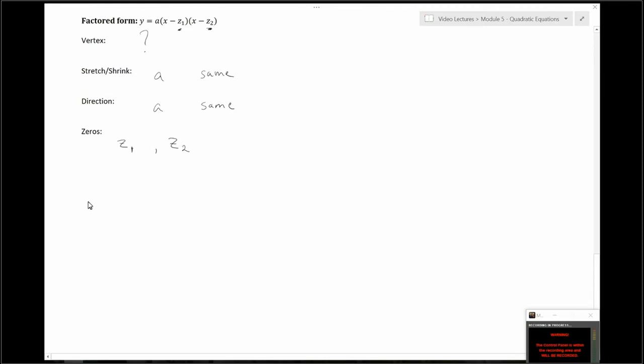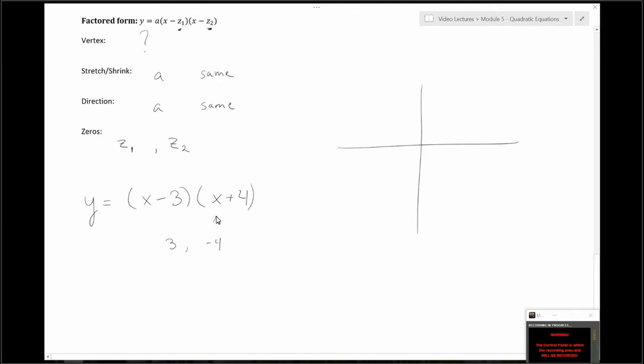So for example, if I have y equals x minus 3 times x plus 4, what that tells me is my function has zeros at 3 and negative 4, right?